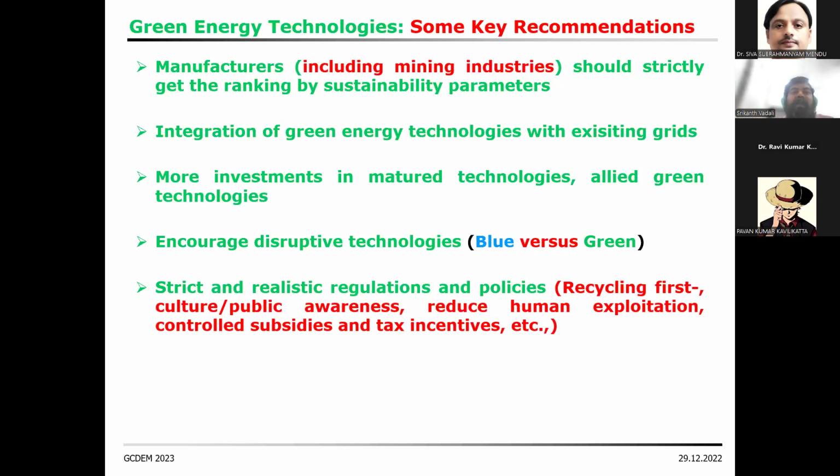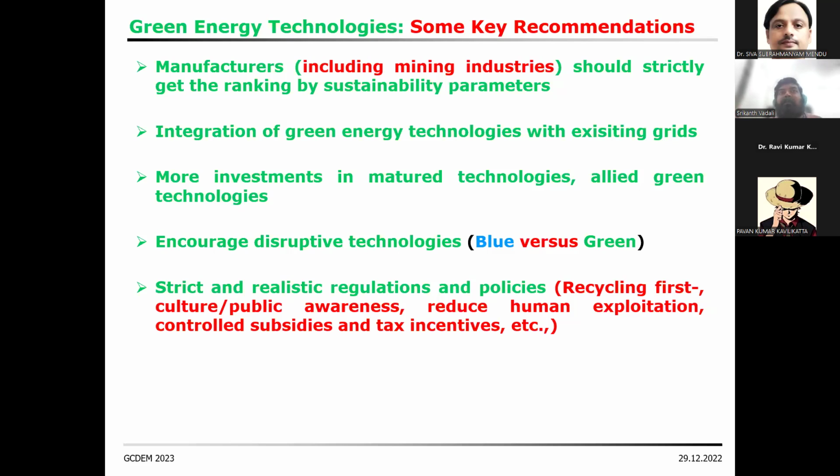And then integration is a big problem. I have lithium-ion battery technology. I have solar conversion technology. But unfortunately, the integration between the two is not there. I have a technology, but it doesn't have grid parity. It cannot be combined with the existing grids or smart microgrids or grid development.